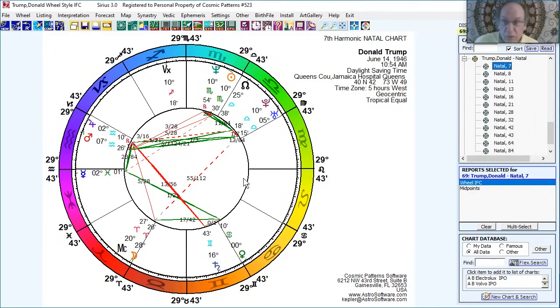That's what this shows. Mars, Jupiter, Uranus, Pluto. And to this day, he wears the baseball hat. Make America great again, the red hat and all that. He's got an affinity for this kind of thing. If the pattern was stronger, the orbs were smaller, he might have gone into athletics.